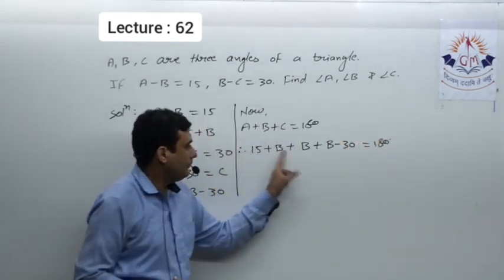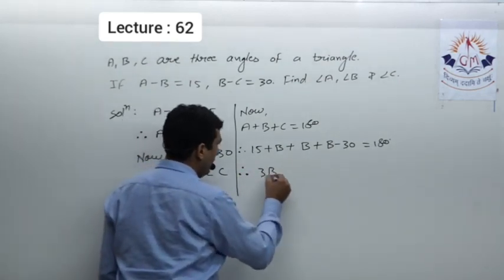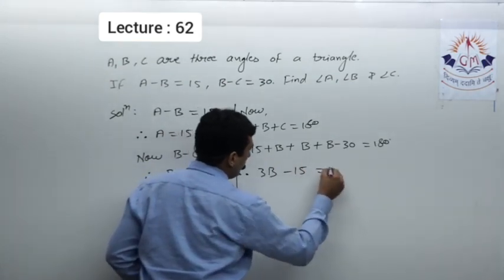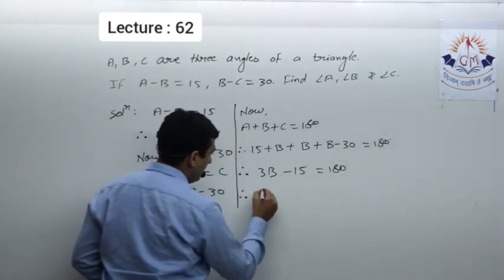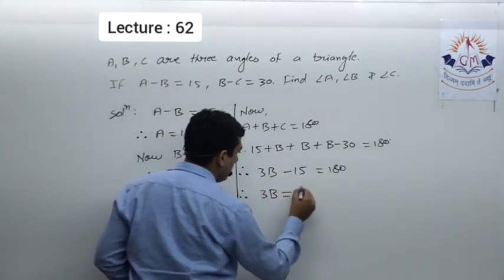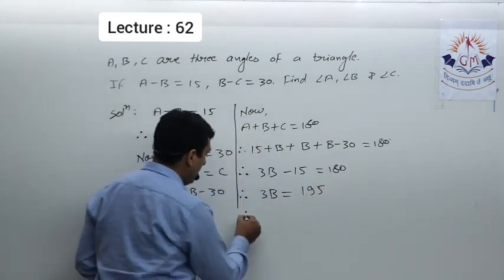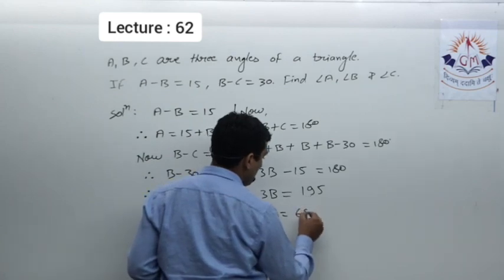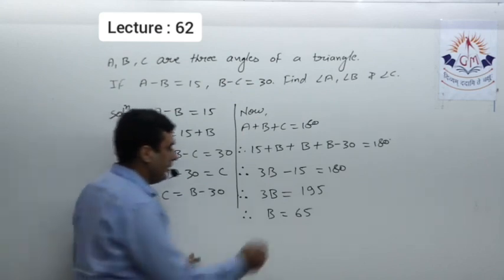So from this B plus B plus B, that is 3B minus 15 minus 30 is minus 15, is equal to 180. So from here I can write 3B is equal to 195. So here I will get the measure of B, that is 65. Okay, so I got the measure of angle B.